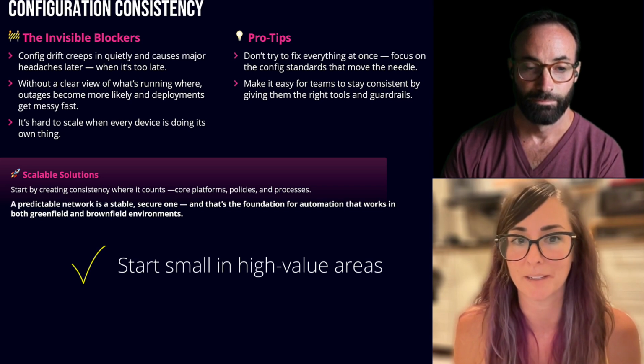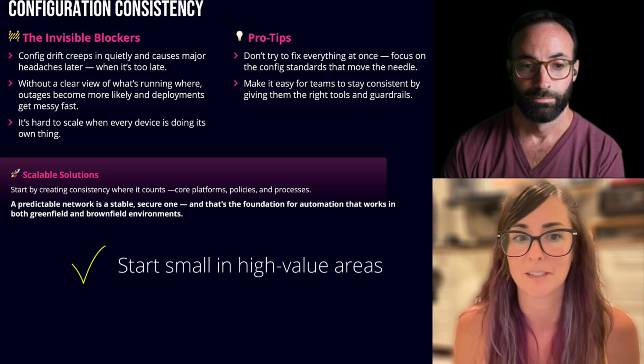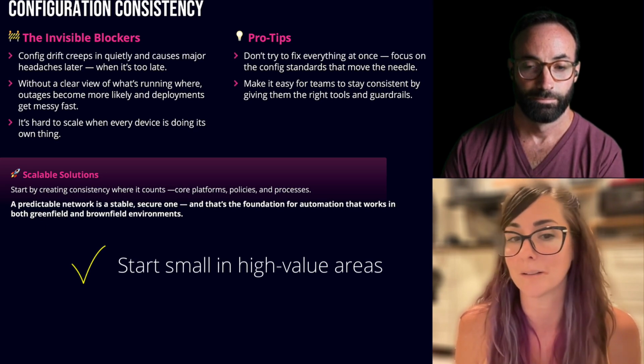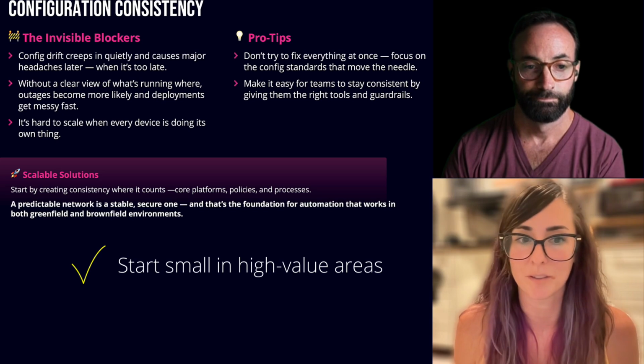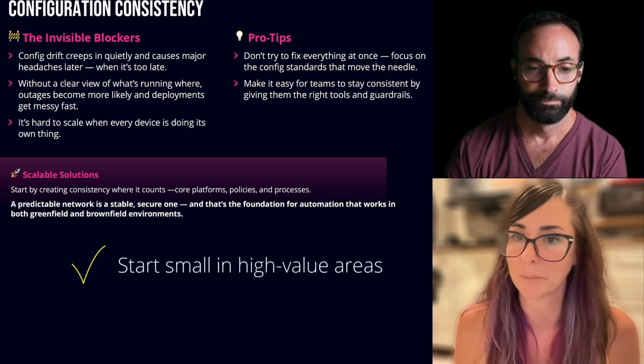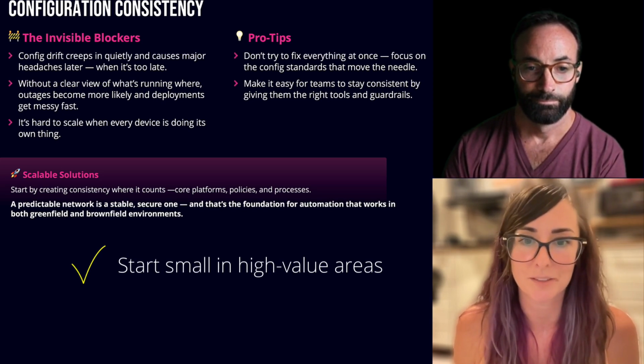So I think you're totally right. Small config snippets, identify the things that are going to make the biggest impact that don't require months of investigation in order to figure out how to implement it in the correct way. I totally agree with you.